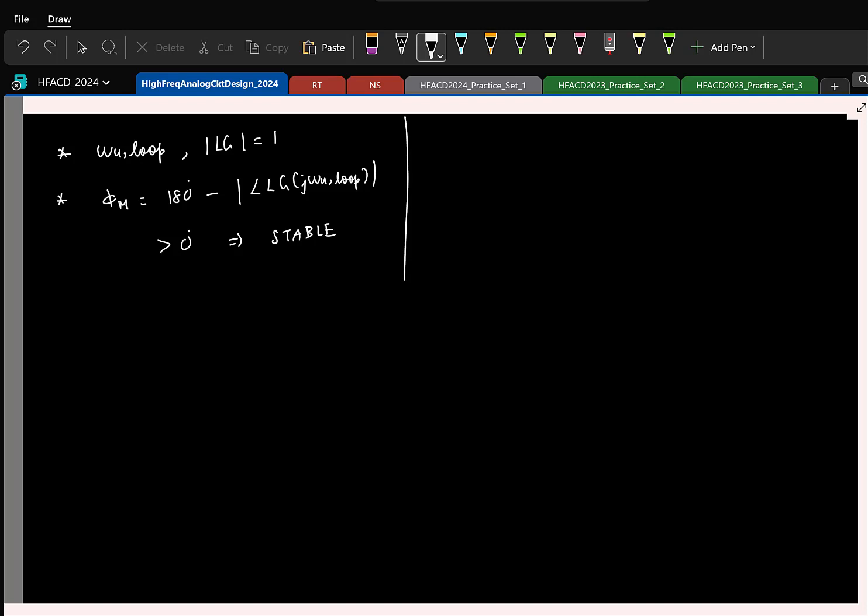So now, if you understood it correctly, let me ask you this question. Let's say for my loop gain, at some frequency omega x, the phase of the loop gain is minus 180. And at that same frequency, the magnitude of the loop gain is some 10, much greater than 1.